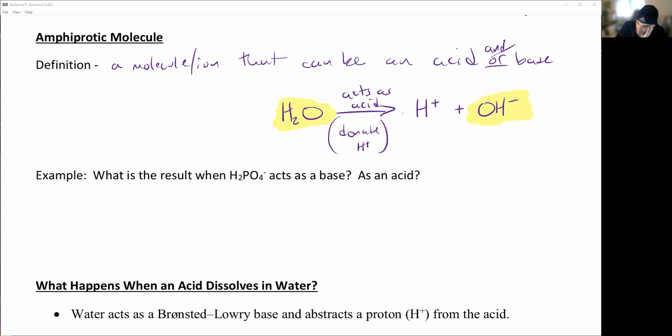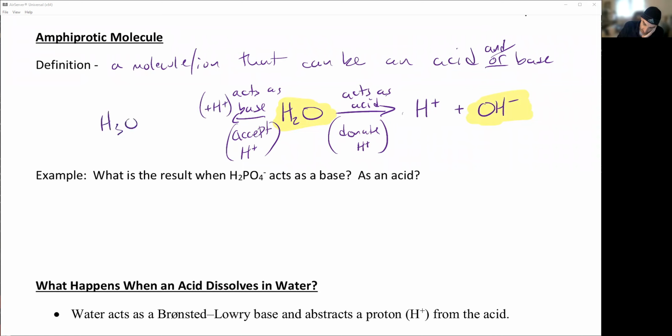On the other hand, if it acts as a base, it's going to accept an H plus. We don't really need to know where the H plus is from, but there's H plus somewhere to be had.